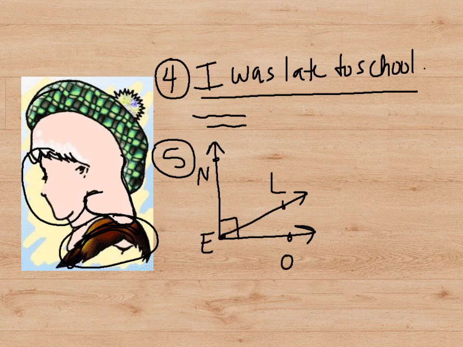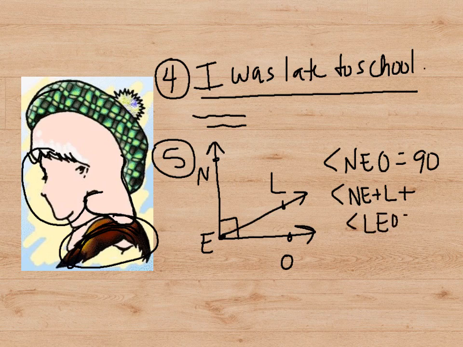You could say, I know that angle NEO equals 90 degrees. Okay, that's true. I know that angle NEL plus angle LEO equals 90 degrees. So part plus part equals whole. I know that angle LEO is acute.